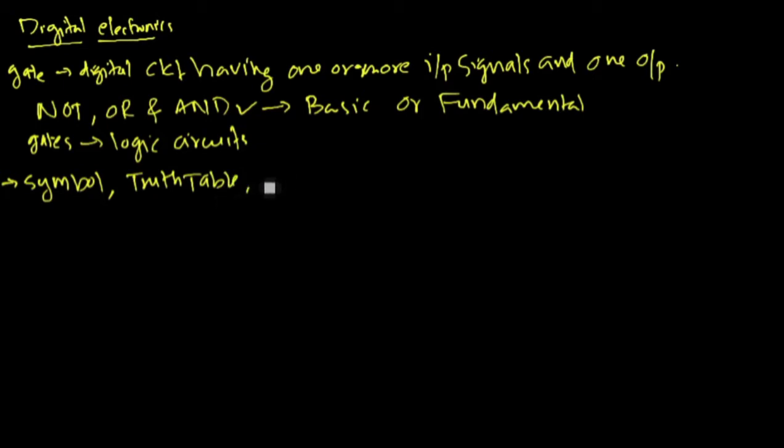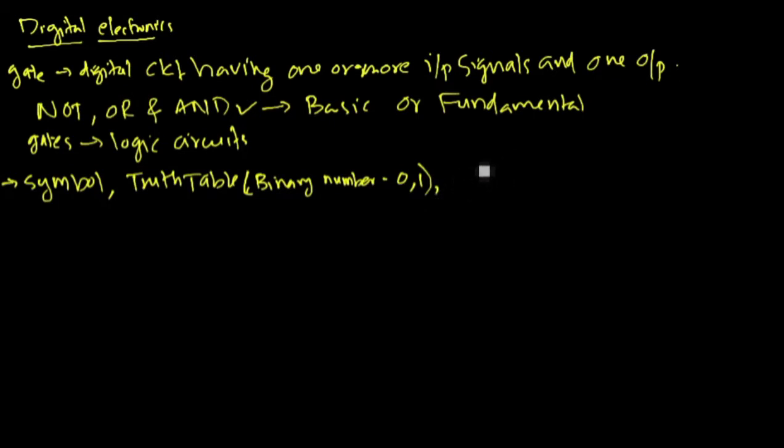A truth table is a table which contains the output of the logic gate for different combinations of the input signals. Here we will consider the operations on the binary number system, so the inputs will be either 0 or 1.